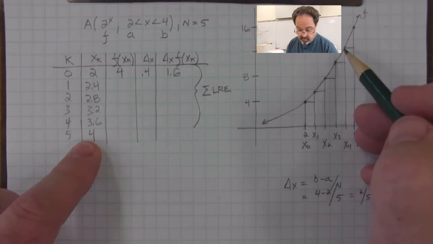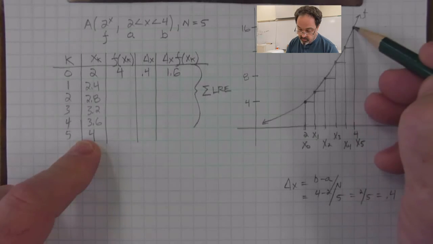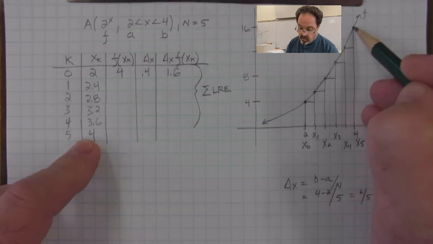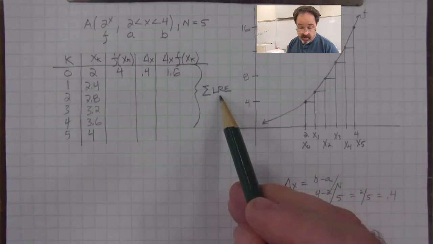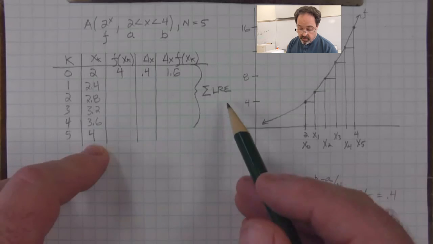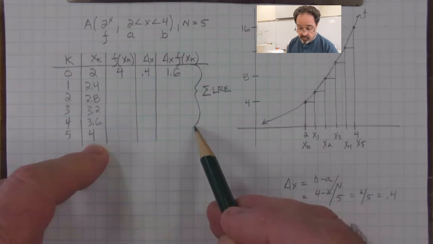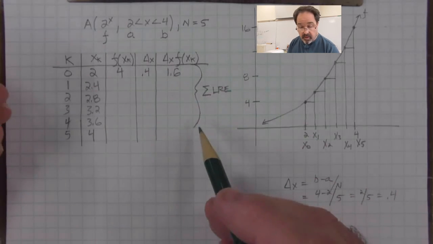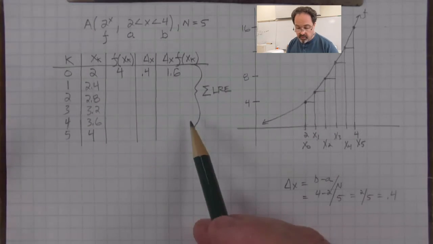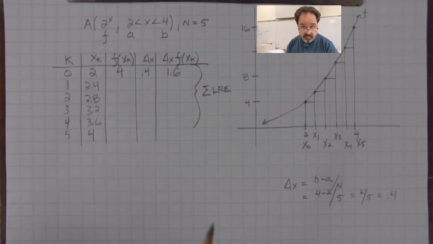That height would be the rectangle that used this function value on the right side. But if I'm producing a left rectangle estimate, I don't use the last one. I sum these up to produce my estimate. I'm not going to complete this table because I'm going to prepare that sum as a series of terms and see it in a slightly different way.